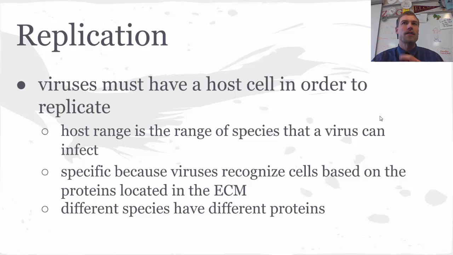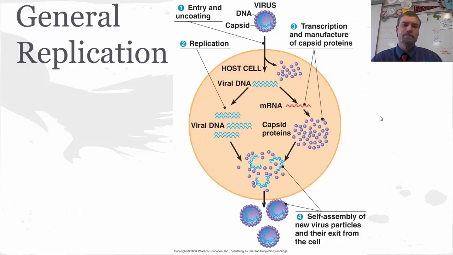That's how viruses detect which cells they are going to infect, because they have proteins around their capsid which are going to attach to the proteins in the extracellular matrix and facilitate the binding. And again, different species of animals or different types of viruses all have different proteins. So that's extremely important in terms of which viruses are going to be able to infect which species.